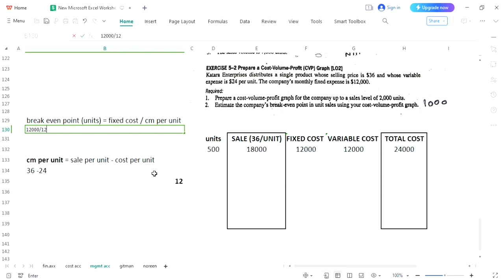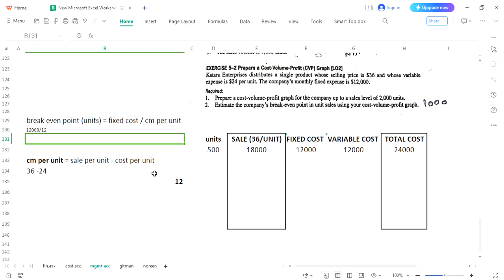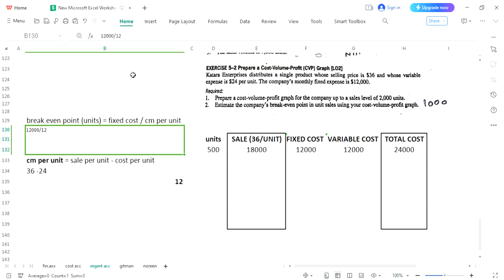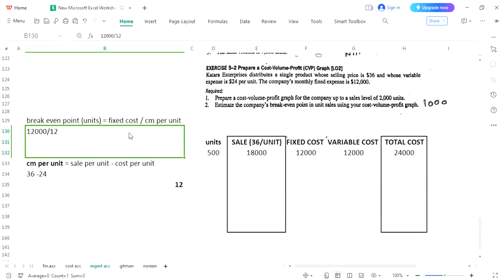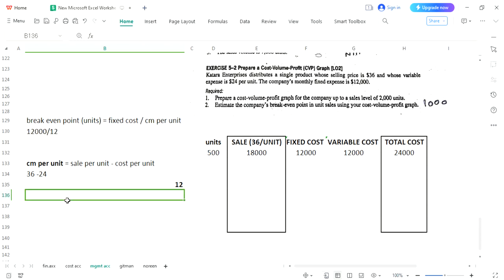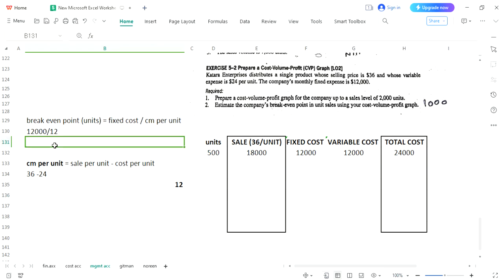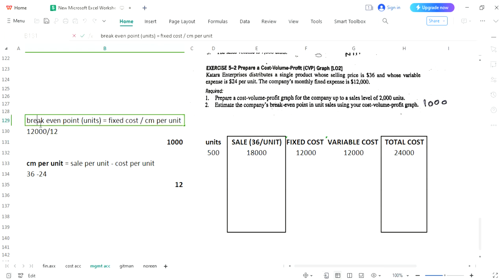Put over here, and this way you will apply this on your calculator as well. Let me change the size to improve your visibility. Put this amount on your calculator, 12,000, and that would be divided by 12. So 1000 is your break-even point according to number of units.